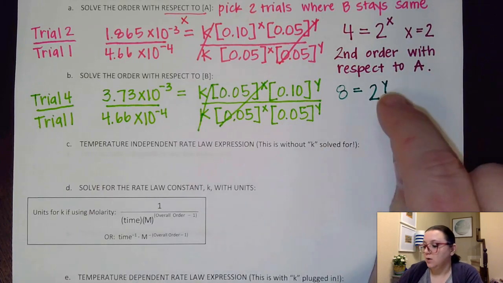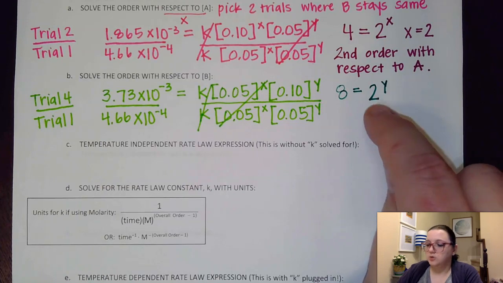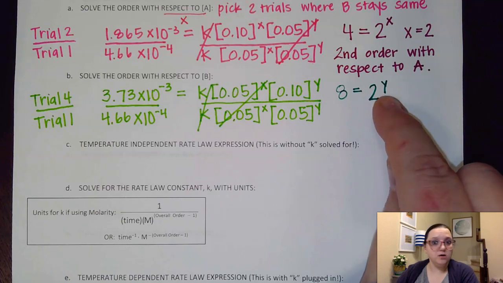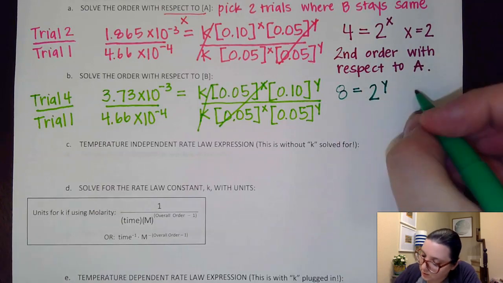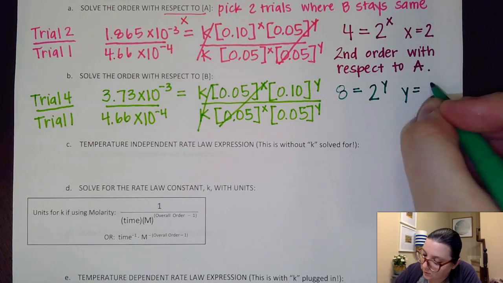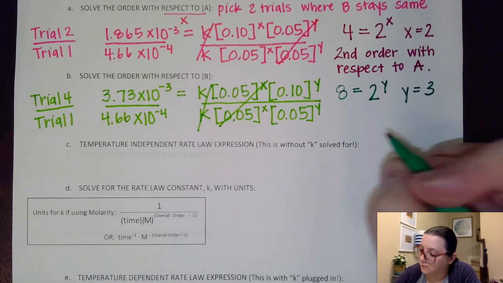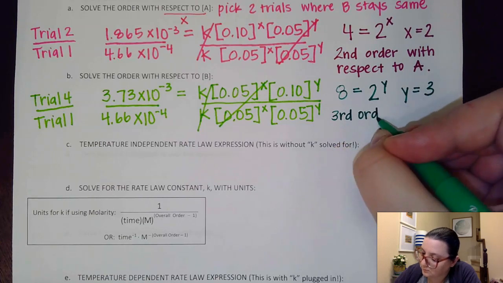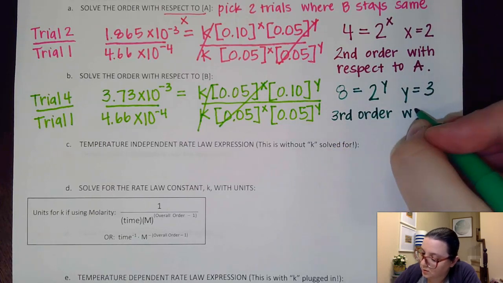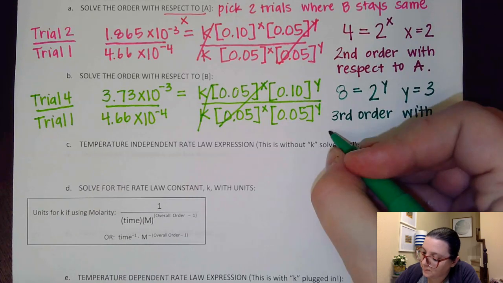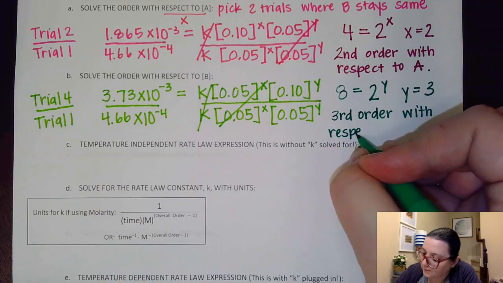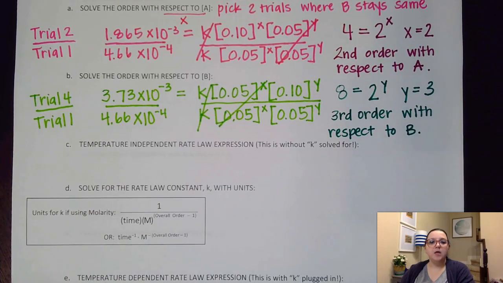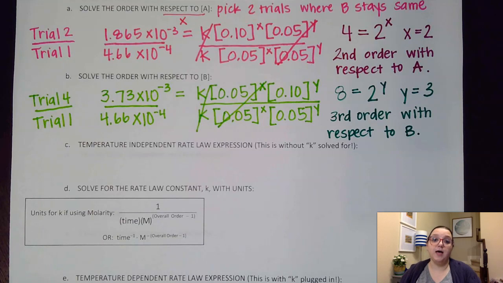Again, I know 2 to the 0 would be 1, 2 to the first is 2, 2 to the second is 4, 2 to the third would be 8, and so therefore here I know that y is equal to 3. And so therefore this is third order with respect to B.